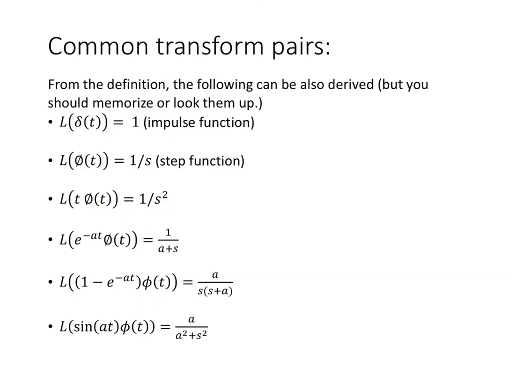Common transform pairs that are useful in solving viscoelastic problems are these. The Laplace of the delta function is just 1. Recall a delta function integrates to 1, it occurs at 0, and it's infinitely high and infinitely narrow. The Laplace of phi, the step function, is what we had just said.